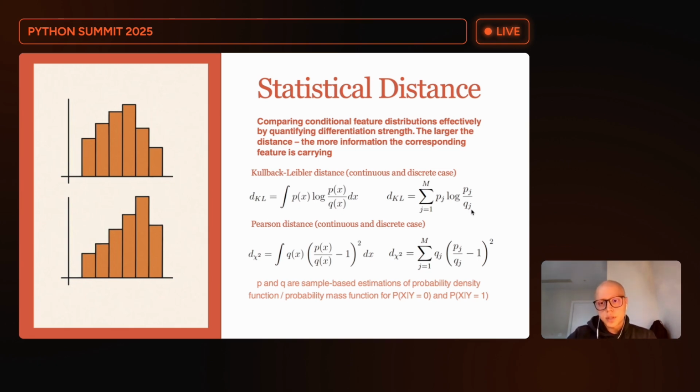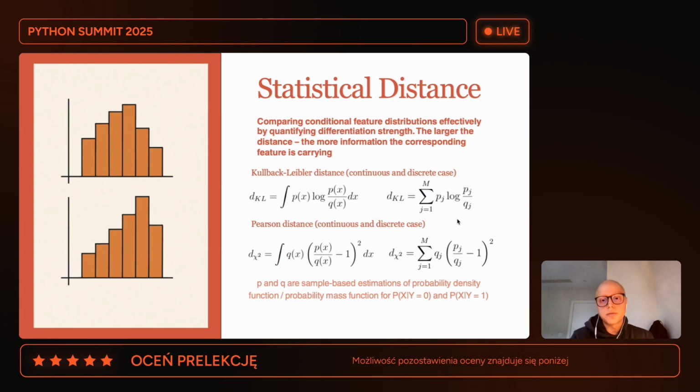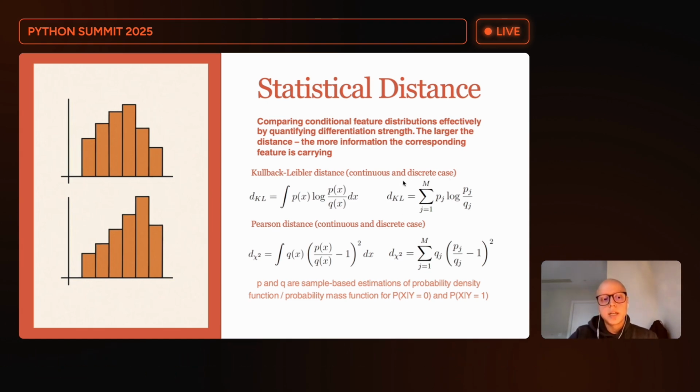To build those estimates of probability mass functions, you just need to take the corresponding frequencies within your sample and plug them into the formula for the distance, which will give you the so-called plug-in estimate of the distance itself. If you have a continuous feature and you don't want to deal with computing approximate integrals, you can always discretize it by splitting its values into some buckets.